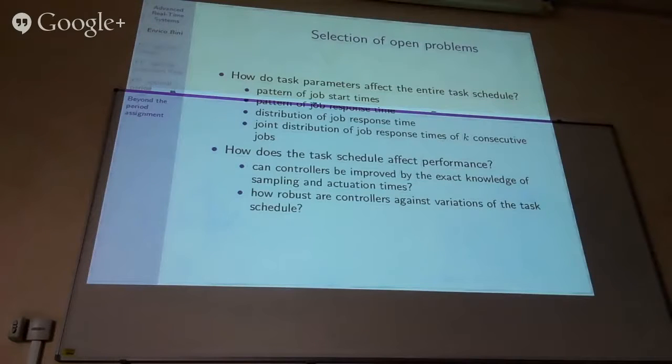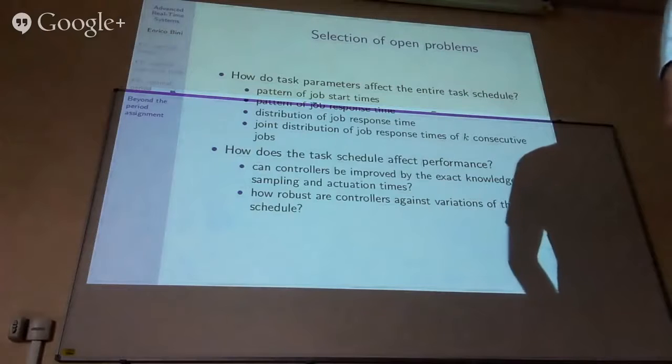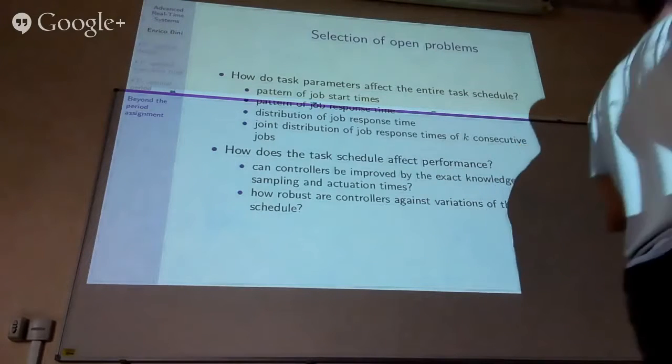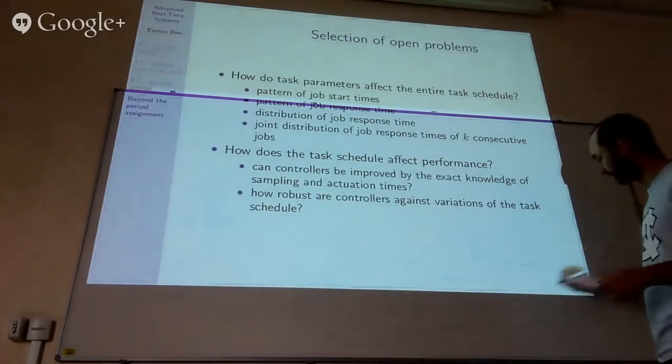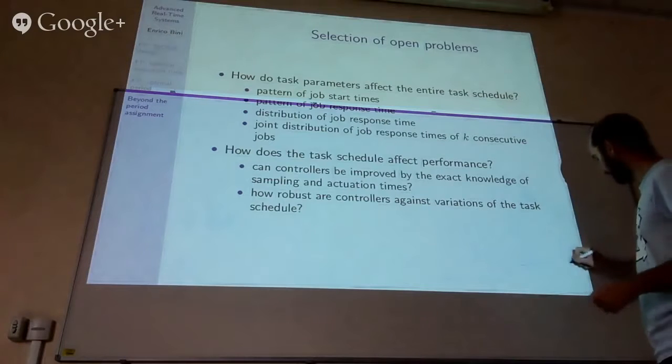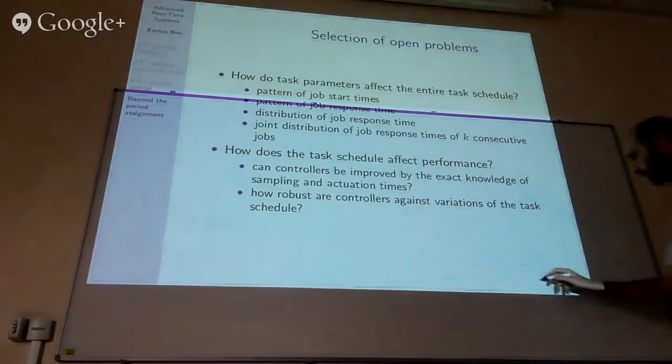For example, how do the task parameters affect the task schedule? For example, the pattern of job start time. We know that in fixed priority, you have this high priority task, and then we have this lower priority task.